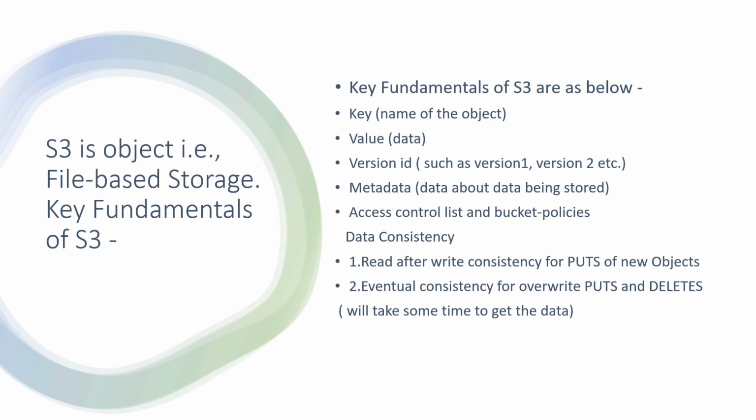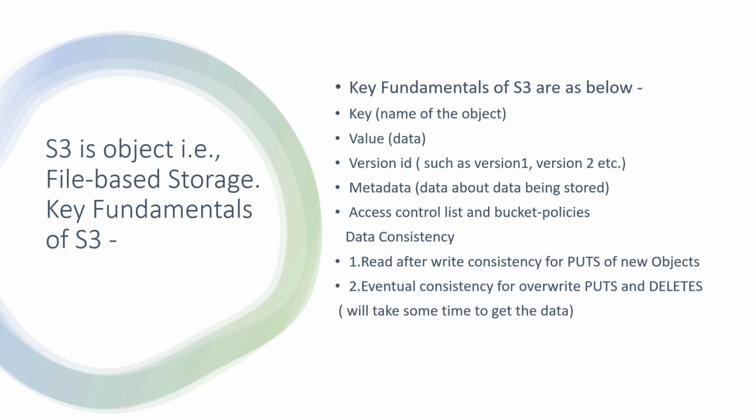Then the metadata: metadata is data about the data that is being stored. The metadata is an indicator of the file. Then we also have access control list and bucket policy, which make your data more secure when it's kept in S3 storage.